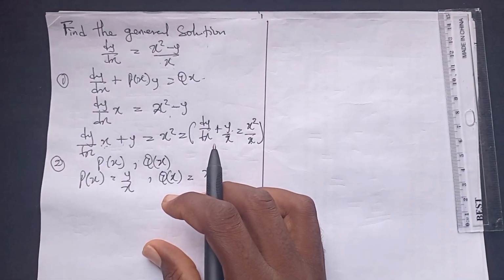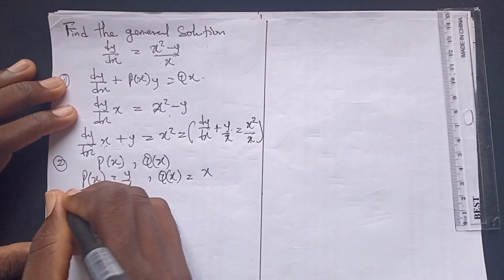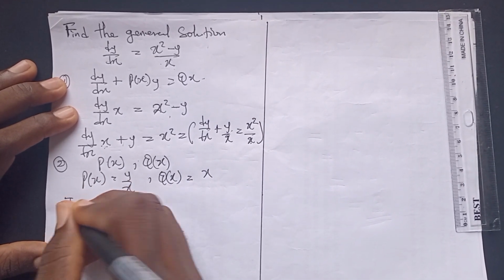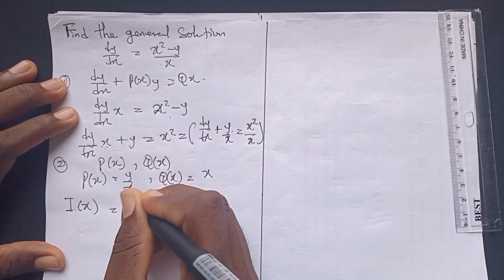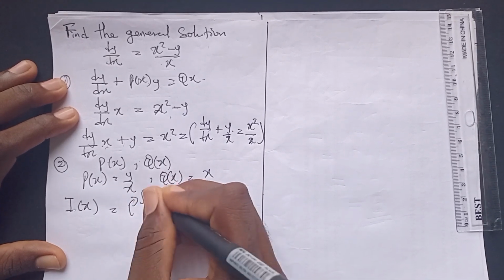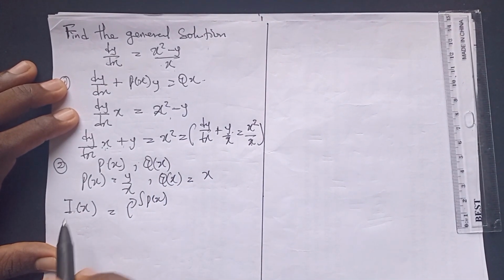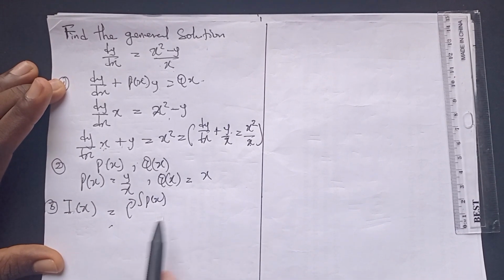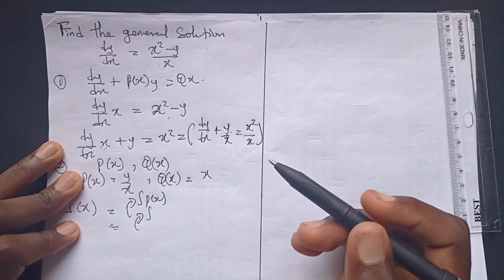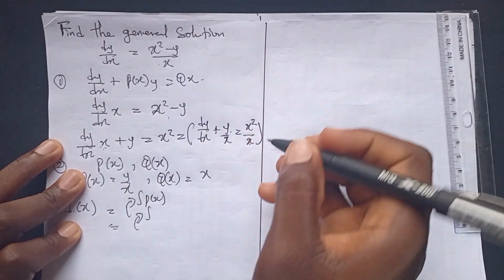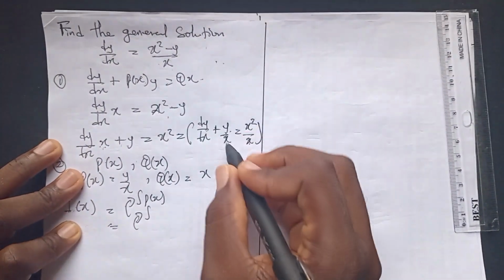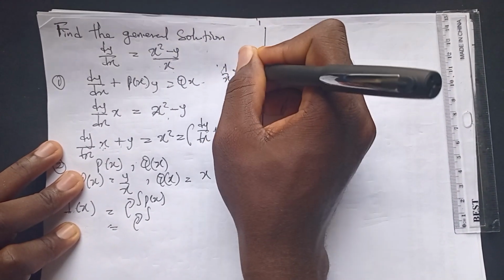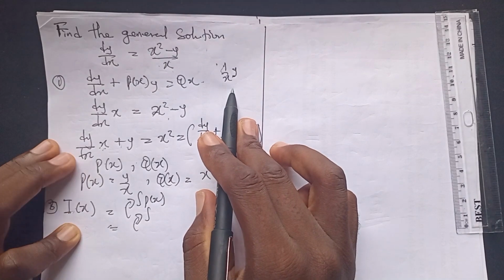So now the next thing to do is to introduce the integrating factor, which is I of x equals the exponential of the integral of p of x. This is step 3, introducing the integrating factor. Recall that y over x can also be written as 1 over x times y.